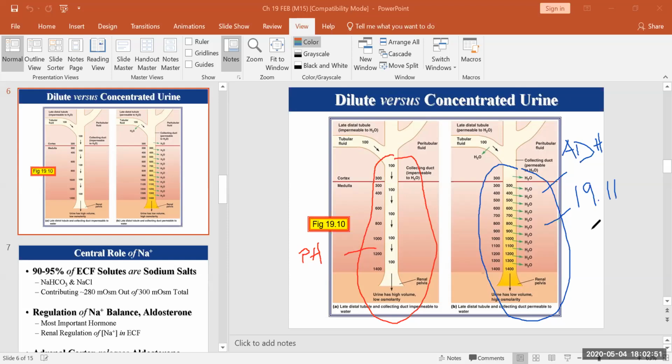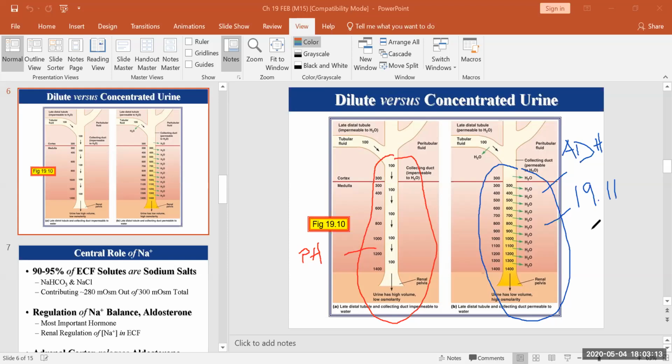You have on the basolateral side of the same principal cells, aquaporin 3. That aquaporin 3 is always there. Aquaporin 2 at the apical membrane is not there unless ADH induces them to be there, okay?